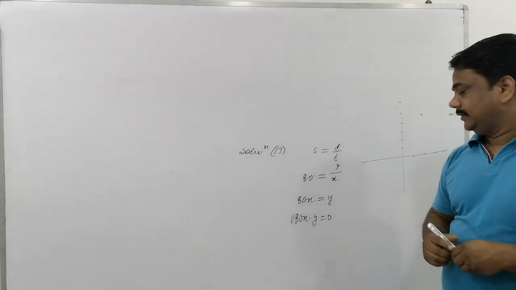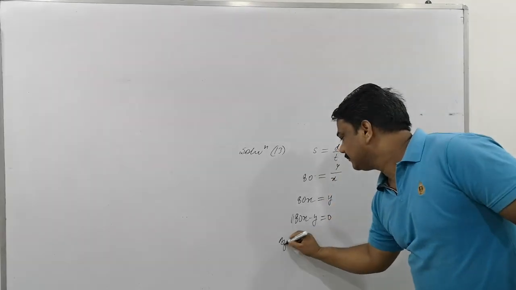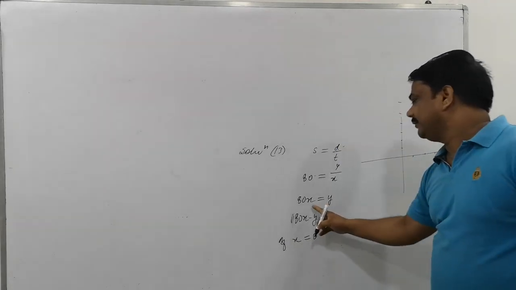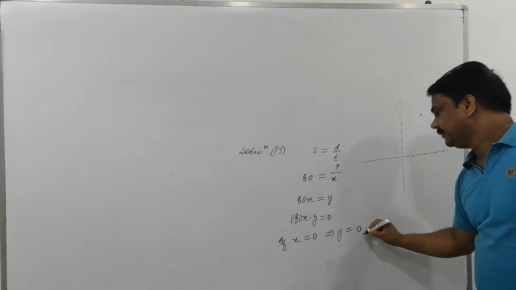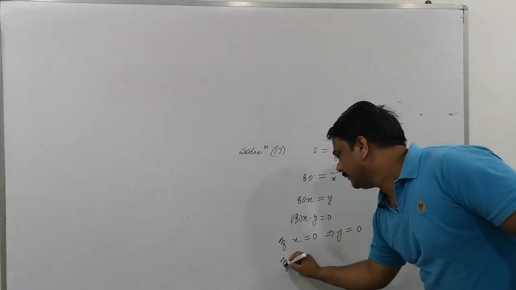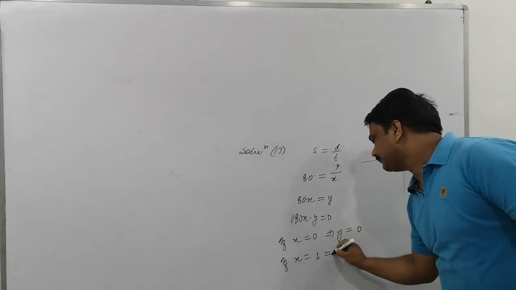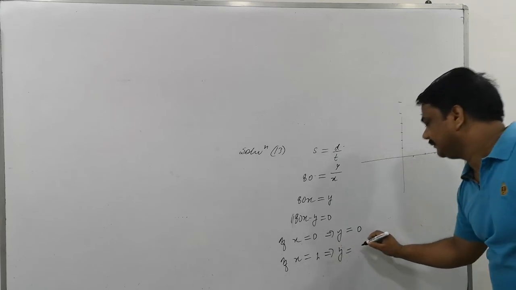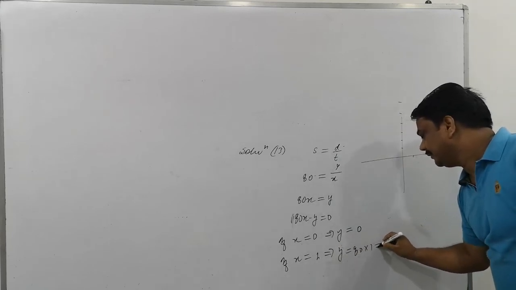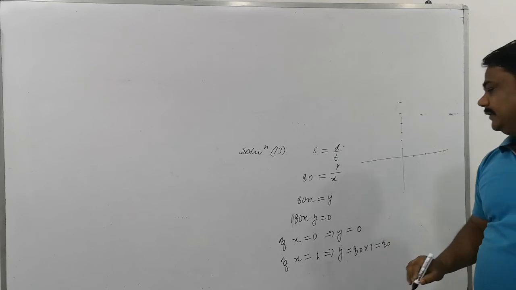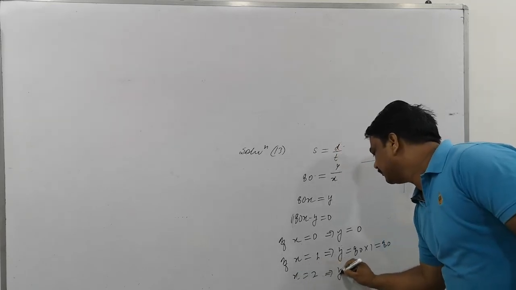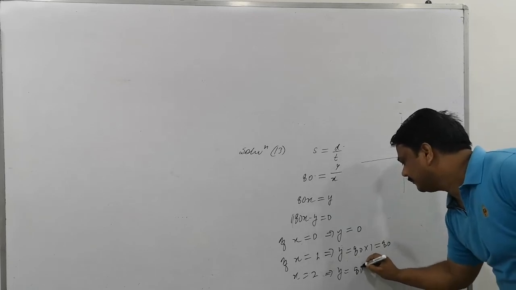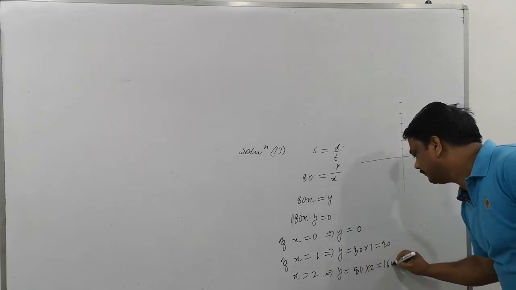If x is equal to 0, then y is equal to 0. If x is equal to 1 hour, then y is equal to 80. And if x is equal to 2 hours, then y is equal to 160.